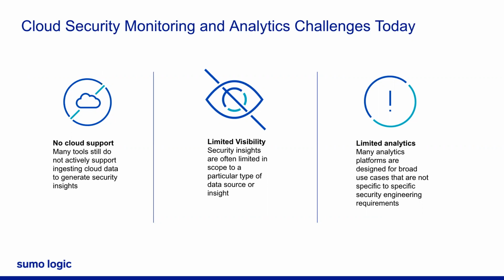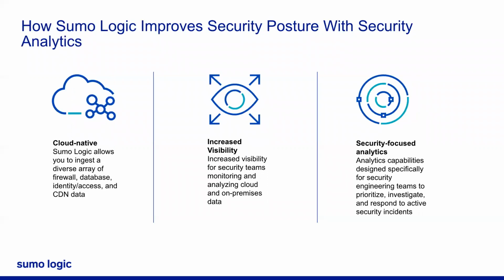Those insights are usually limited in scope to a particular data source, and then also limited analytics because they're constrained by setups for CPU or memory or other considerations where they can't burst as they need to as things are happening to you. If you're in the middle of a DDoS attack, what are you going to do with that, right? How are you going to scale? We've solved that because we are cloud native.